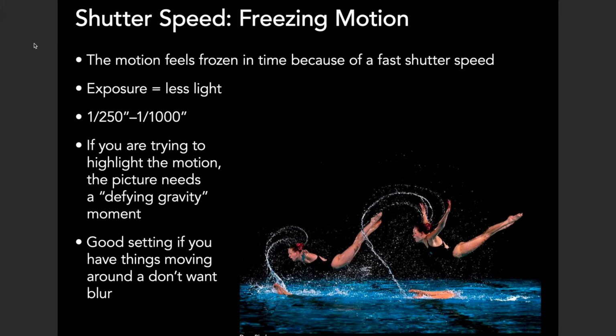However, if you remember, if it opens quickly, we get less light for our exposure. Shutter speed is usually measured in fractions of a second. So a fast shutter speed could be anywhere from 1/250th of a second to 1/1000th of a second. That's really fast. You can get slower and faster.